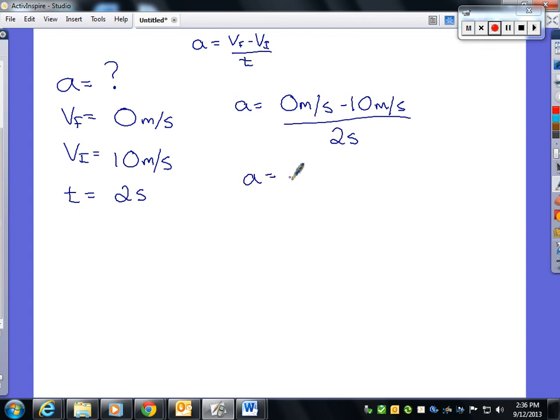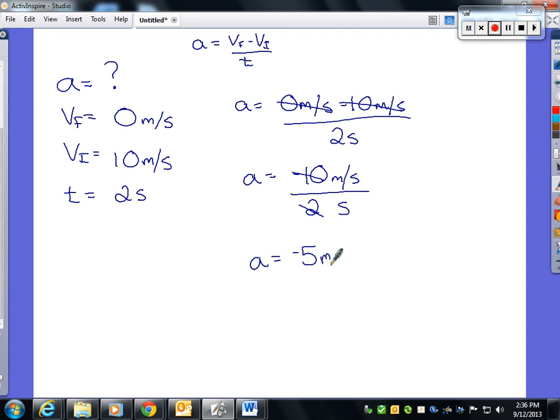We now have A is equal to, we do the math out up here, it's going to be a negative 10 meters per second all over 2 seconds. And then we end up with right here, A is equal to negative 10 divided by 2, which is negative 5. The seconds can't cancel. They do not cancel because they are both on the bottom there.